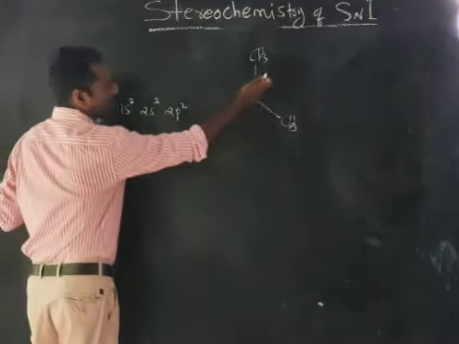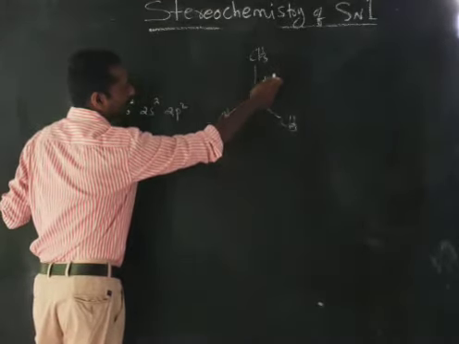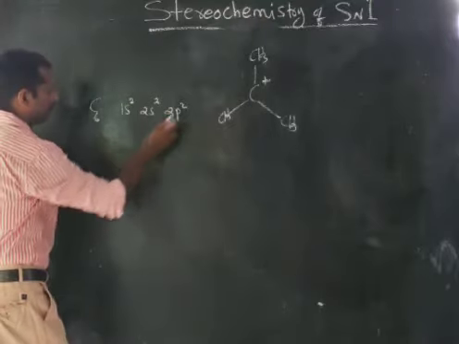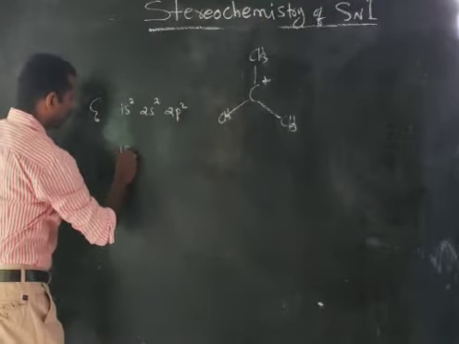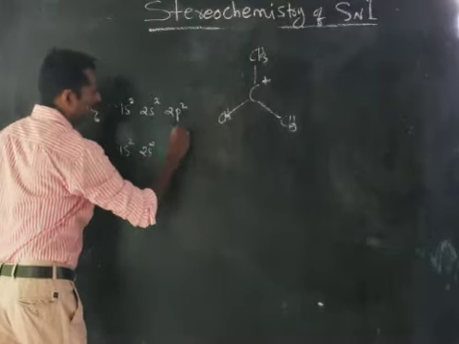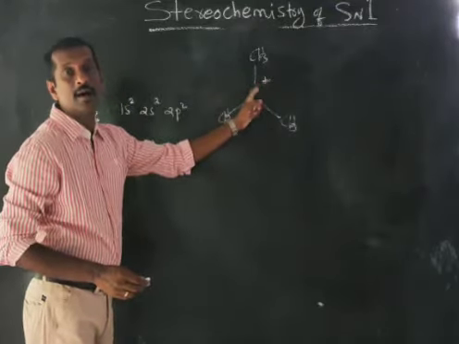Since one electron is removed, with a positive charge, you get 1s2, 2s2, 2p1, because one electron is removed, and that's why it gets a positive charge.